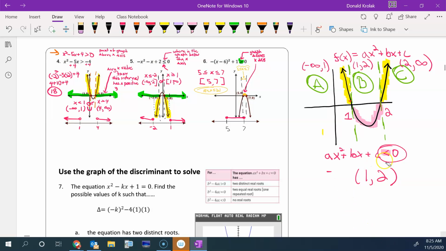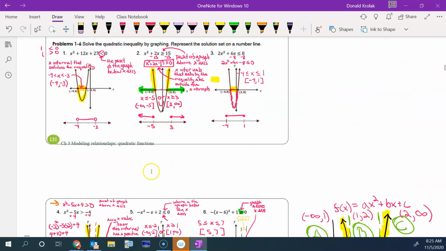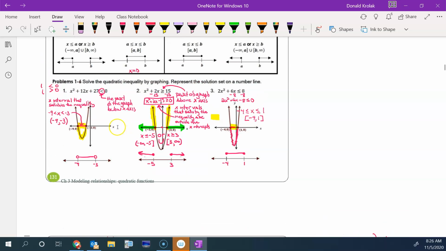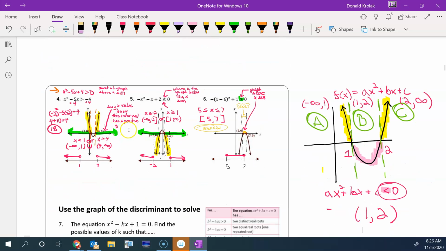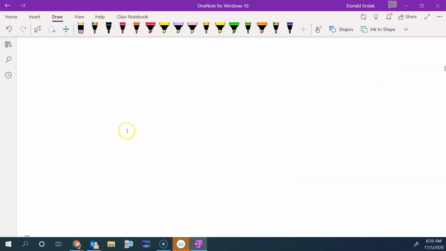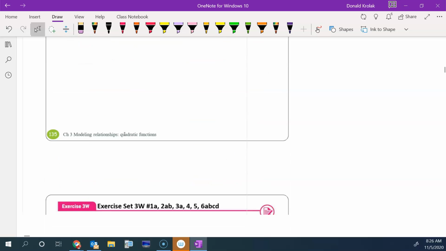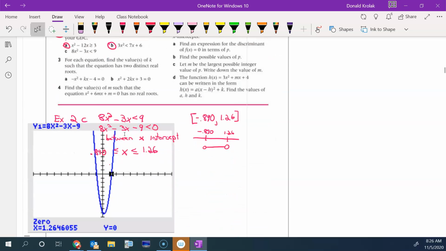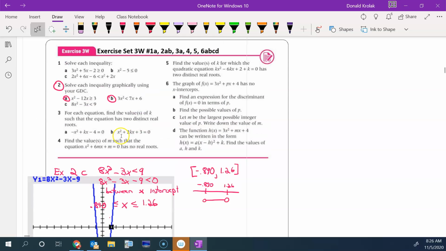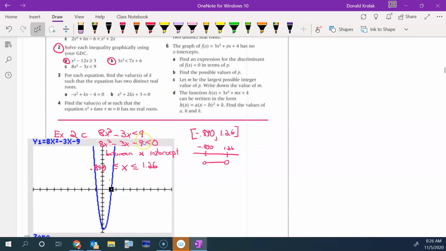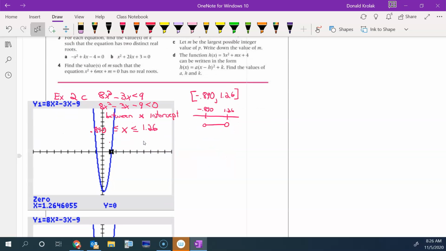So that's what all this was about. Problems 1 through 6 on the review, and then I think we did one of them from the assignment, question 2. Actually, what you're looking at here is question C from the assignment, but it's the same idea.